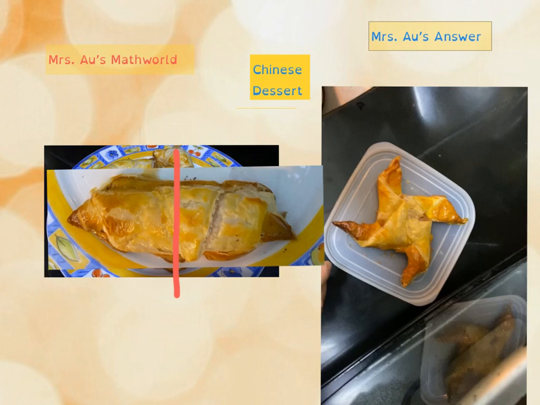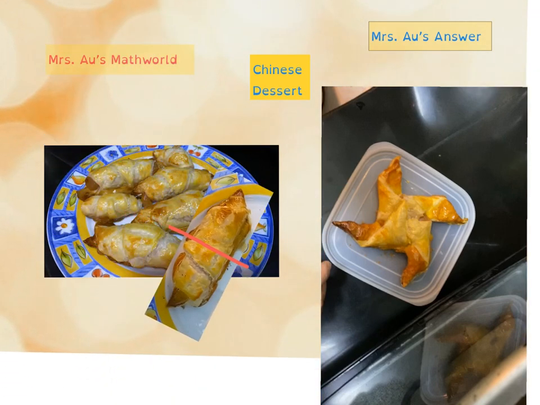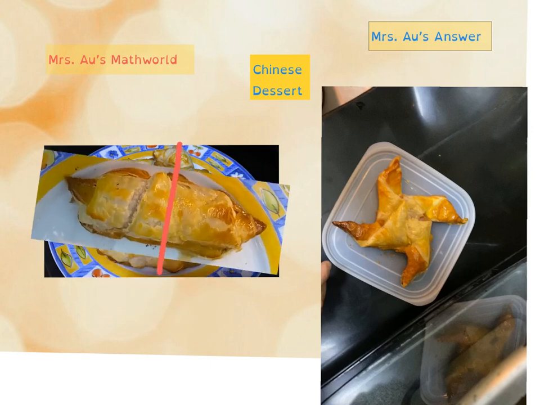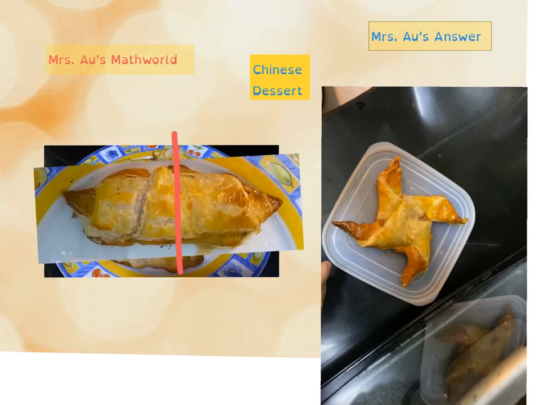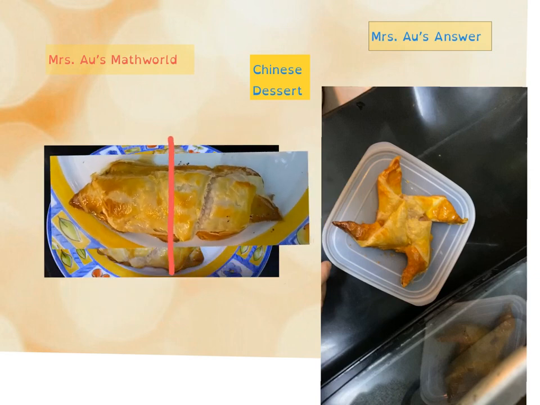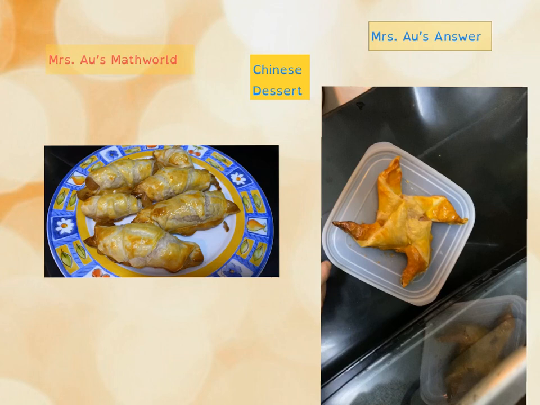But this one doesn't have rotational symmetry, because when we rotate it, this part will not be the same. You see, this one goes upwards, but this part goes downwards. So I hope you won't get too hungry at this moment.